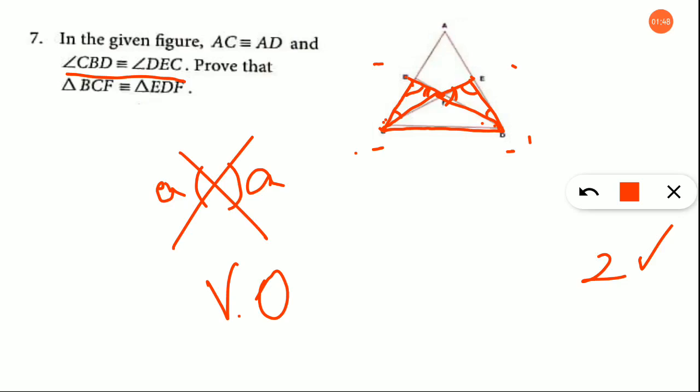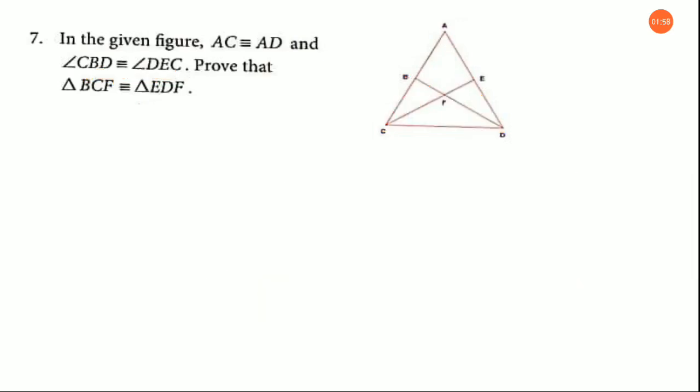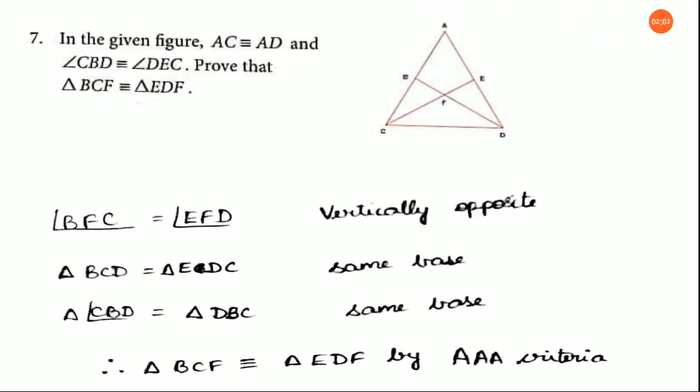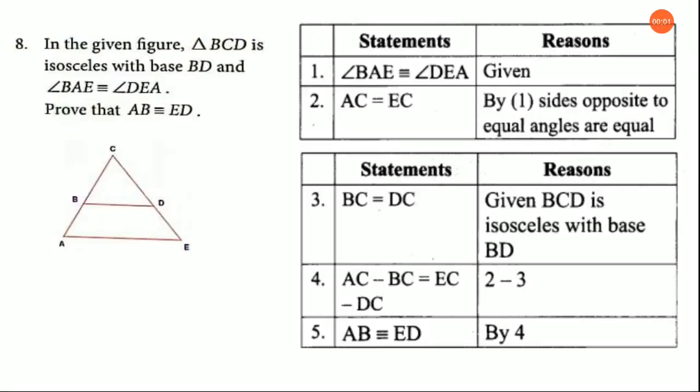And the next one, using the given, we are going to prove that angle B is equal to angle E. And next I am going to prove that angle C is equal to angle D. Okay, this is how we are going to prove that these two triangles are congruent to each other by AAA criteria.